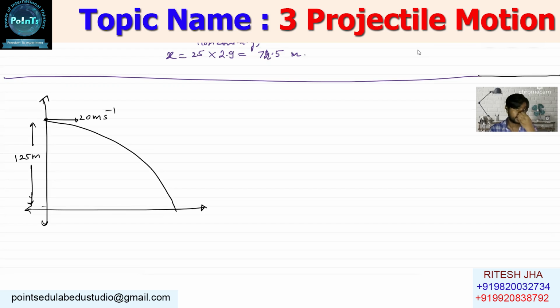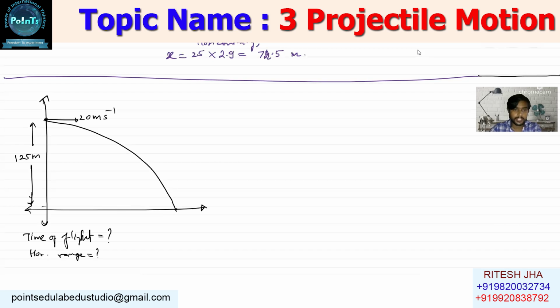For this you have to calculate the time of flight. I already told you, consider a is equal to -10 when I'm teaching. Time of flight you have to calculate. You have to calculate the horizontal range.